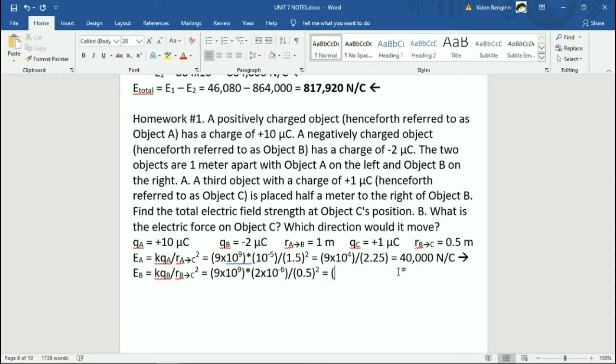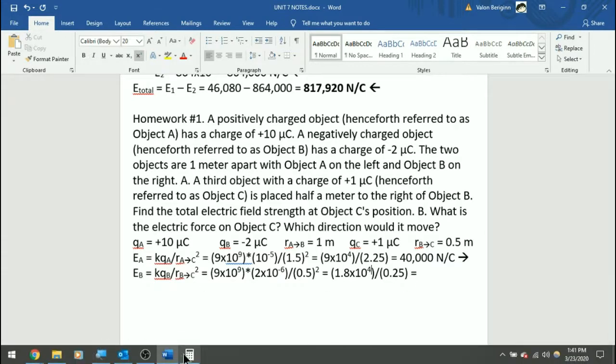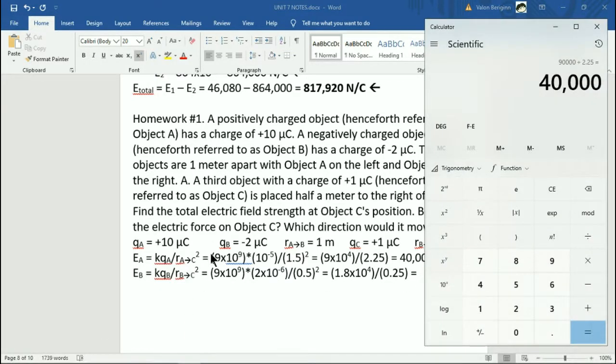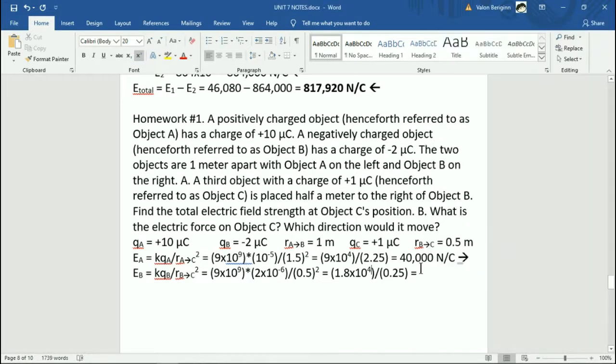So that's going to be 18 times 10 to the 3 divided by 0.25, which is 72,000.